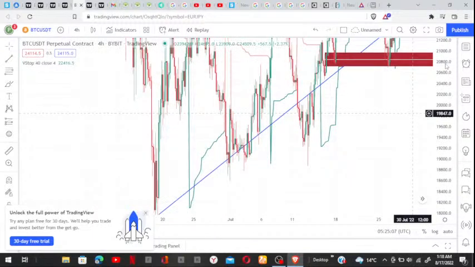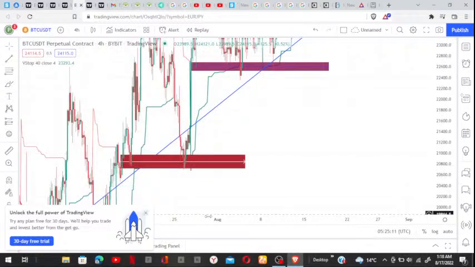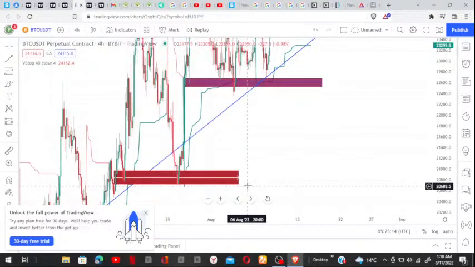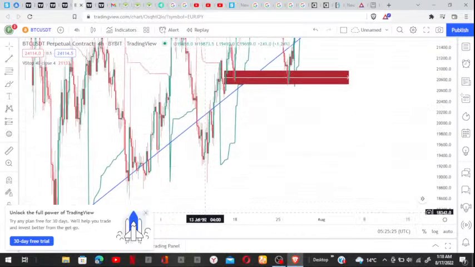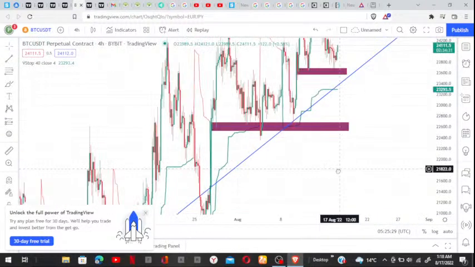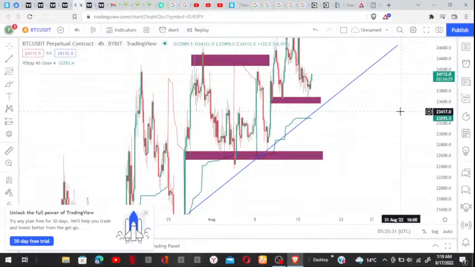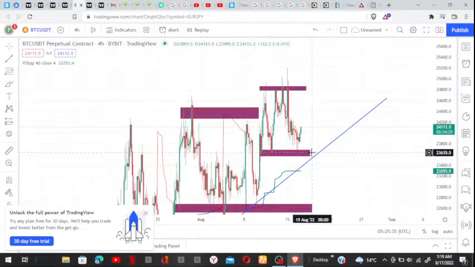So you can see the market has been moving up for quite some time, this being our lowest point. This was our lowest point this year generally, 17,609. For me, I was hoping that it would drop to roughly 15, but it dropped to that level, not so far away from 15, but yeah.